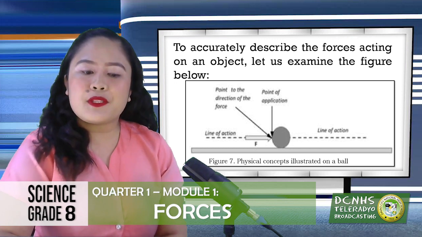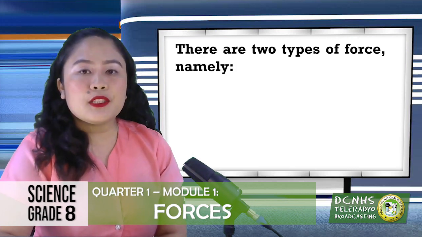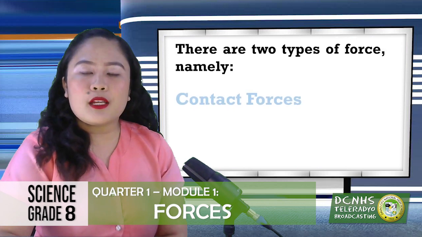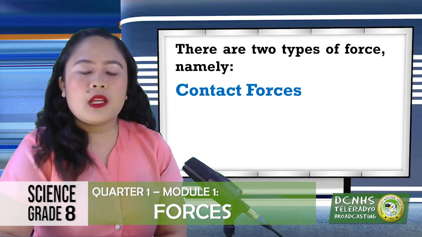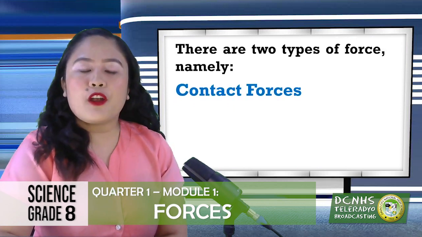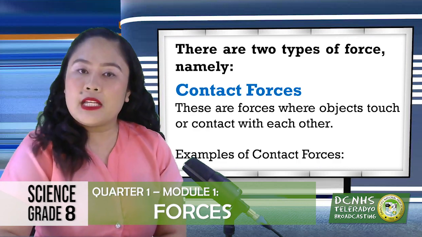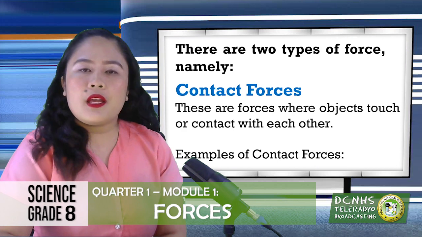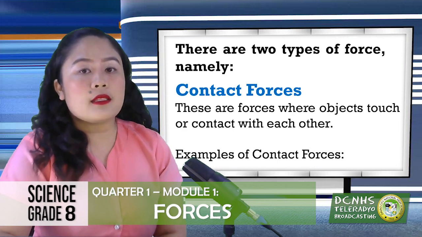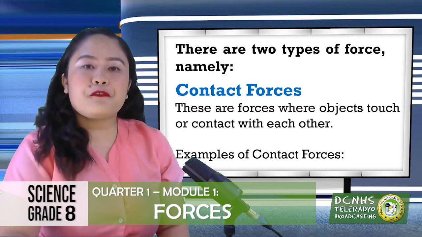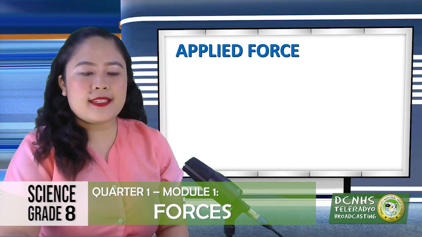There are two types of force: the contact forces and non-contact forces. Contact forces are forces where objects touch or are in contact with each other. There are examples of this contact force. First, applied force.